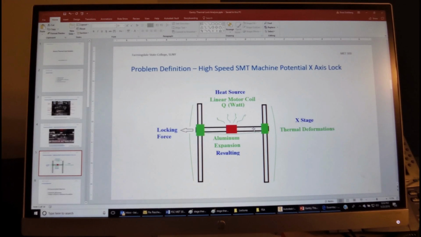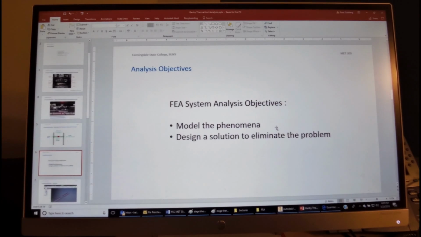For the x, we have the y beam, and the motor coil generates high power heat generation, and this heat generation causes the aluminum beam to expand, bend, and apply forces which could lock the motion of these two slides. The objective of our analysis is to model this phenomenon and also design a solution in order to eliminate this problem.